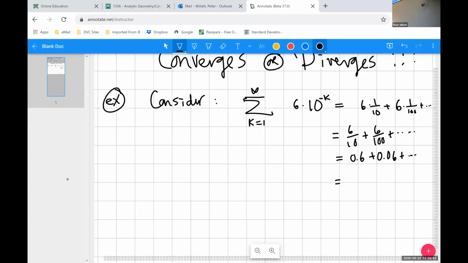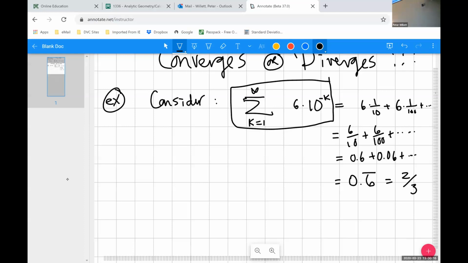This is an infinite series because it's an infinite summation of terms. I'm adding 0.6 and then 0.06 and then 0.006, so I could write this as 0.6 with a bar over the top. And that's 2/3.